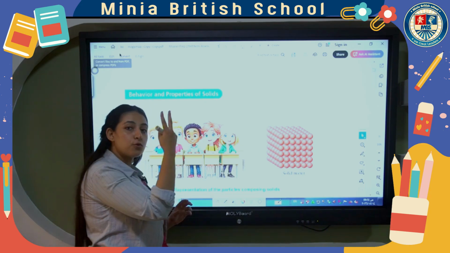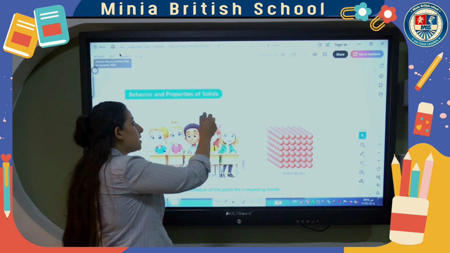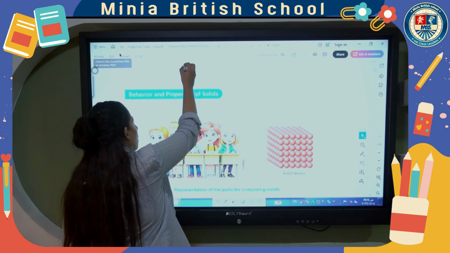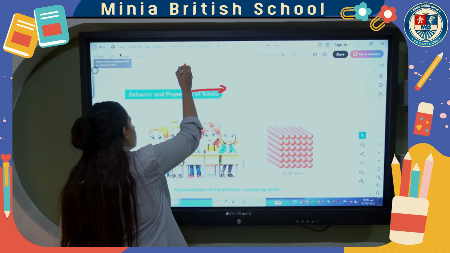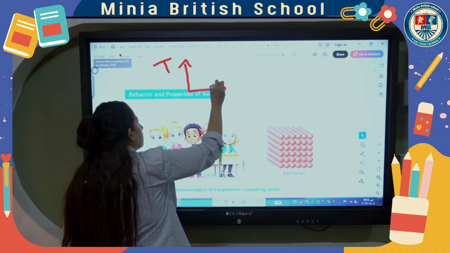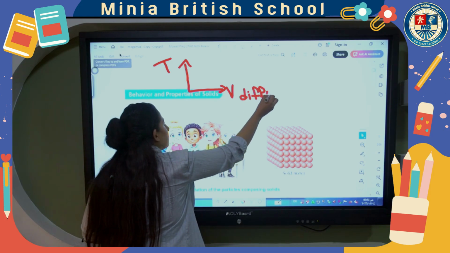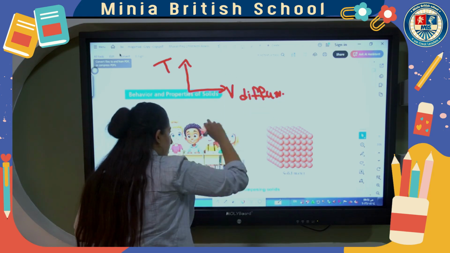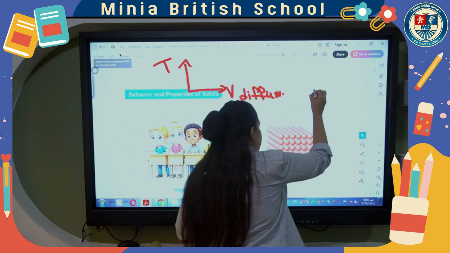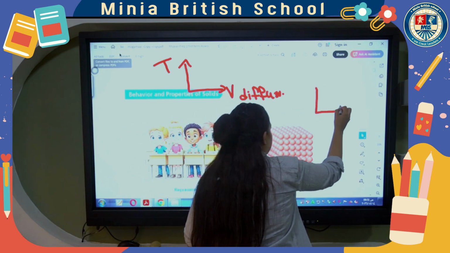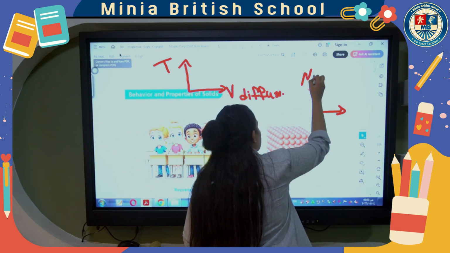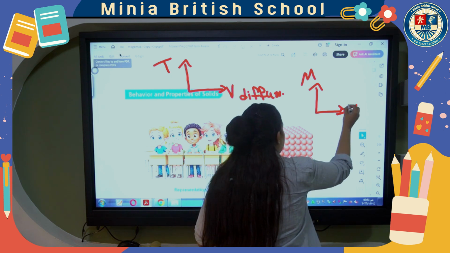We said we have 2 factors that affect the speed of diffusion, which are temperature and the mass of molecules.